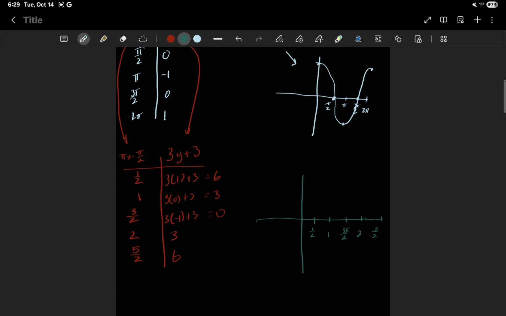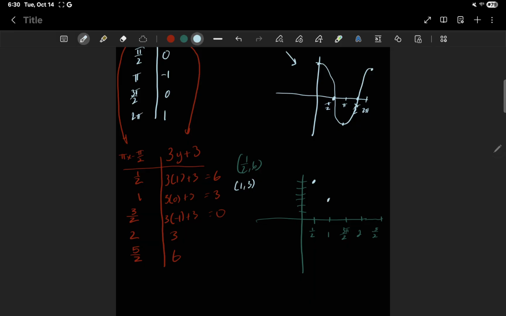So at 1/2, the ordered pair is 1/2 comma 6. So 1/2 for x, but 6 for y. So 1, 2, 3, 4, 5, 6. Then I'll plot it in white. So there's my point, 1/2 comma 6. The next point is 1 comma 3. So that's x 1, y 3. There we go.